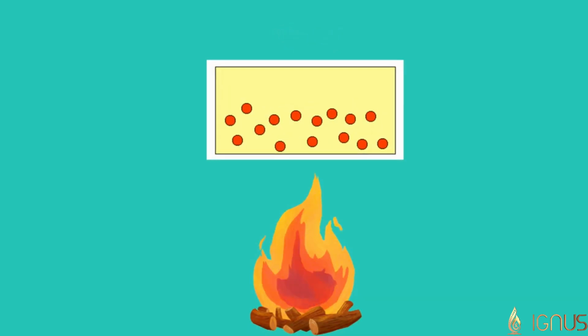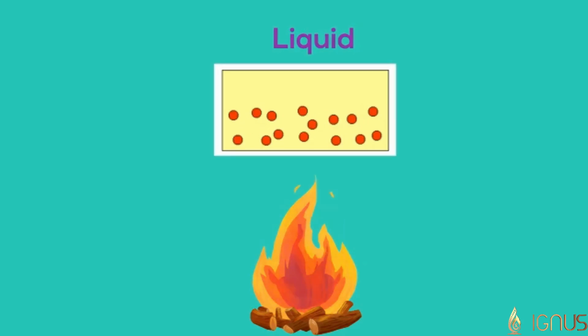Now, if we have a liquid where particles don't just vibrate, but move over one another, and you continue to heat, the temperature of the liquid also increases and at a point it turns to a gas. The temperature at which liquid turns to a gas is called boiling point.